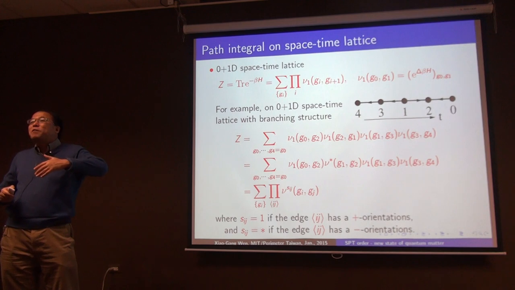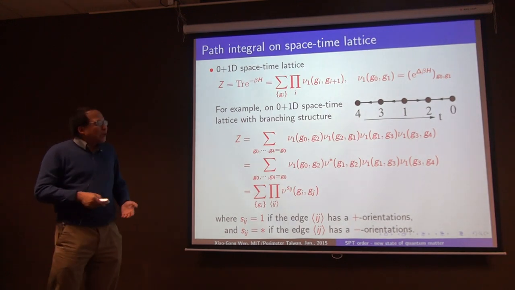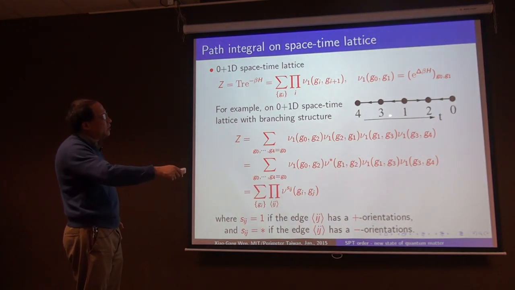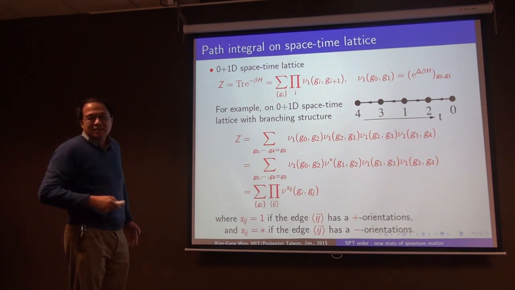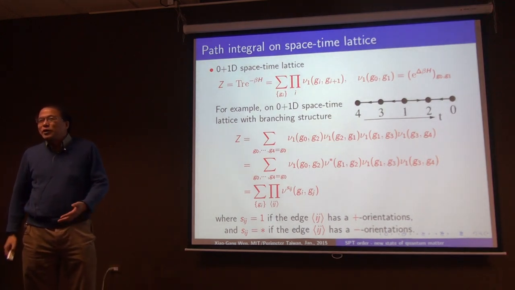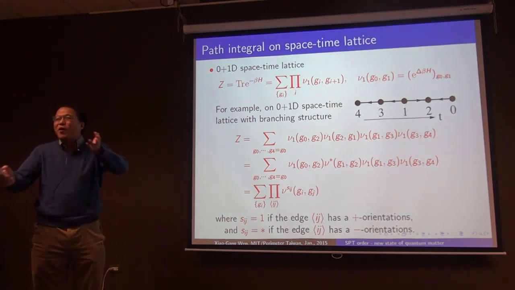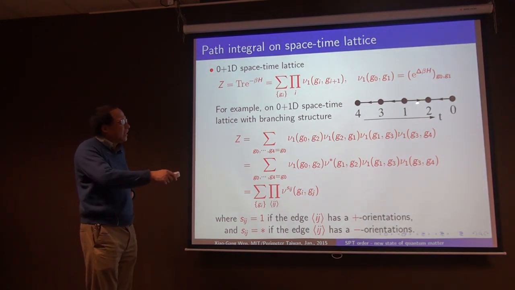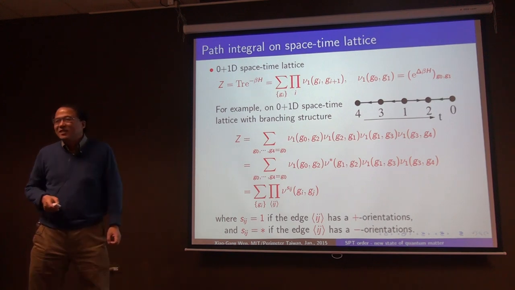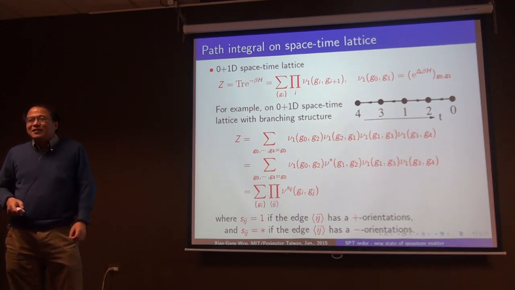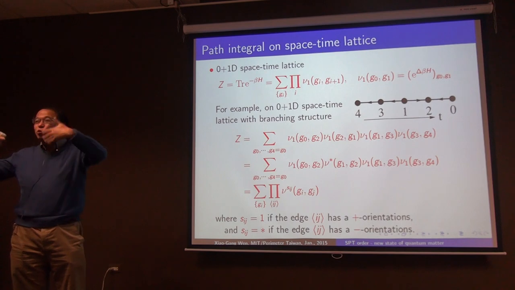But we want to make things even more general. Naturally, because we have a time direction, you can say all the arrows point in one direction. That's very natural. But we say, why do that? Let's allow arrows to point in different directions, so we can even allow an arrow to flip. We're still using the same rule.